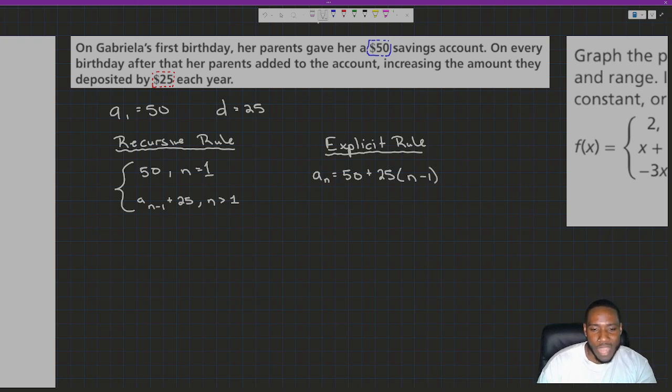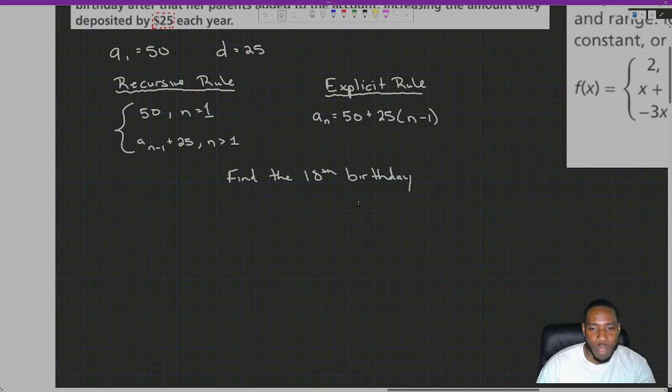And now let's say we were challenged to find the 18th birthday. Right? How much money she's going to have in her account on her 18th birthday. Instead of using the recursive rule, which is only really helpful if we want to find the next term in a sequence, we want to use the explicit rule.